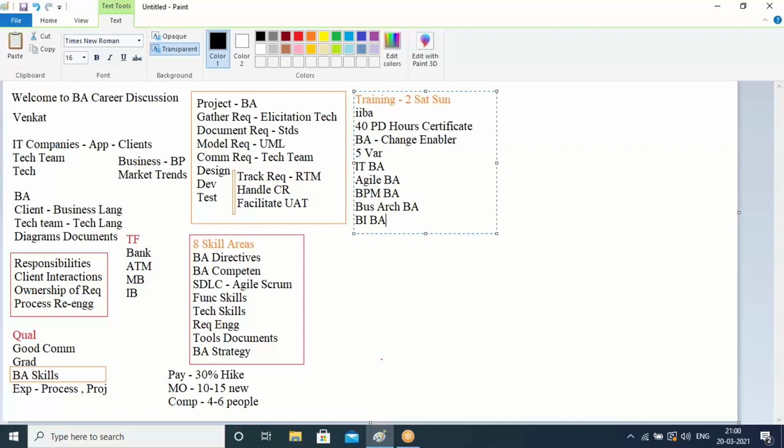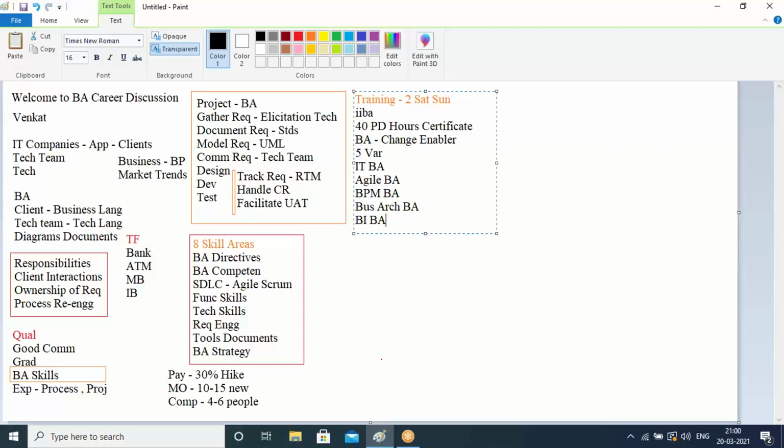Initially, they come up with a plan and they start implementing it. During implementation, we will face some problems or challenges, and we overcome these challenges by refining the process. Okay, the process of enabling process improvement or efficiency, that is called business architecture business analysis.